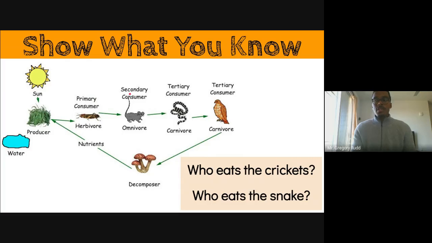Secondary consumers are a level above that. They eat the primary consumers. Tertiary consumers are a level above that. They eat the secondary consumers. And then you might see another tertiary consumer, or perhaps what we might call a quaternary consumer, or a top predator, an apex predator. And that apex predator is going to eat the tertiary consumer.